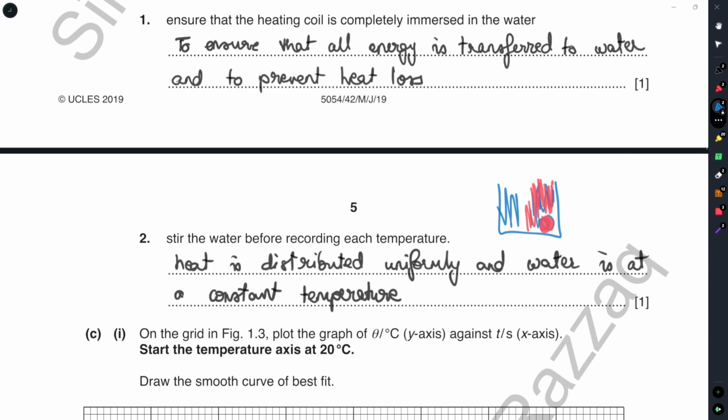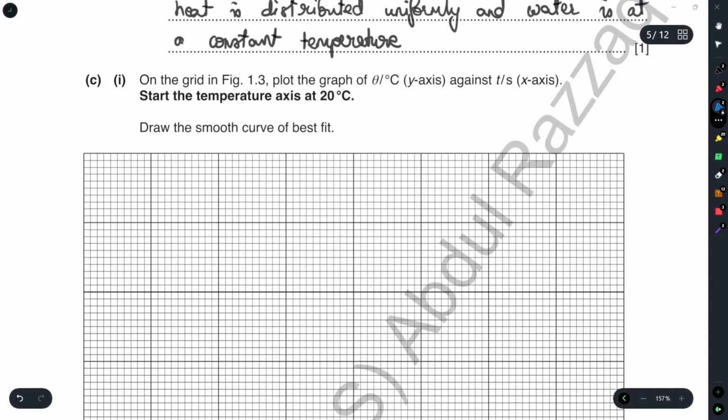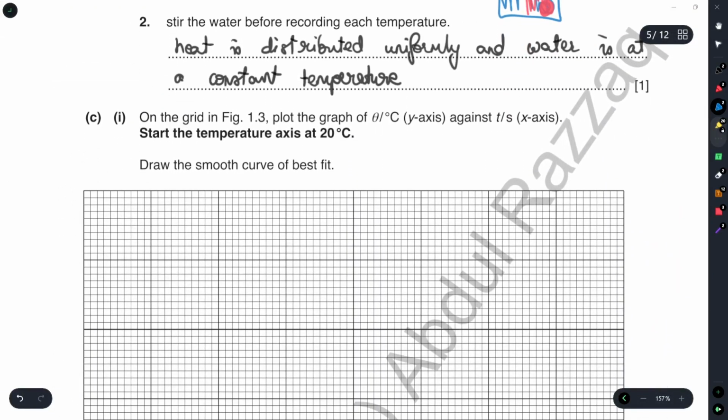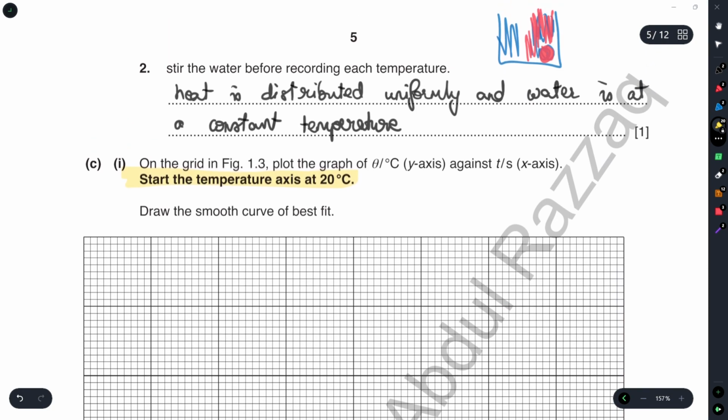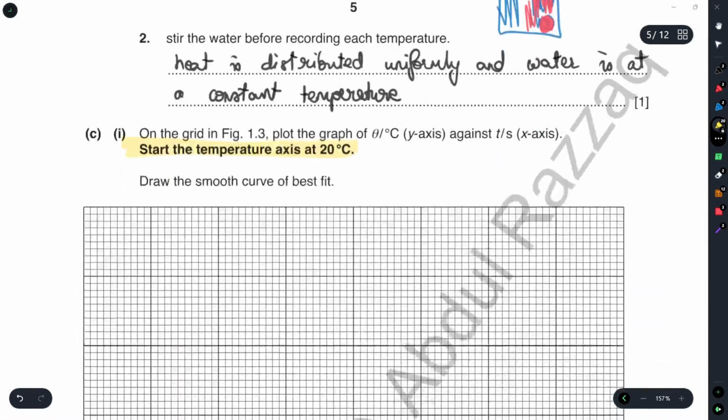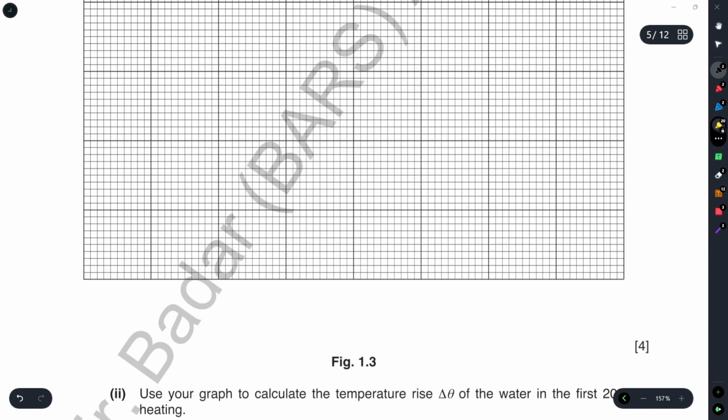Okay, let's go to part C, part 1. So theta, the temperature, on the y-axis and time in seconds on the x-axis. That's cool. The question says this is important, that you start the y-axis, the temperature axis, at 20 degrees Celsius. Cool, we can do that.